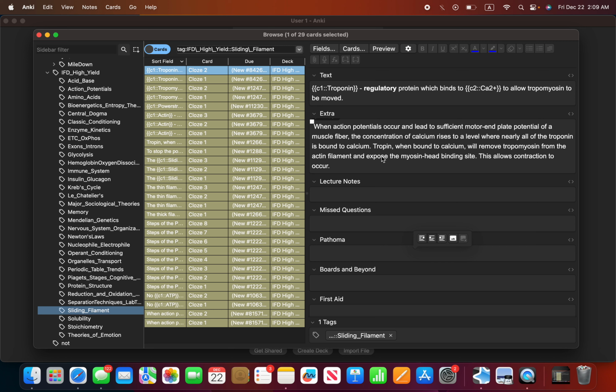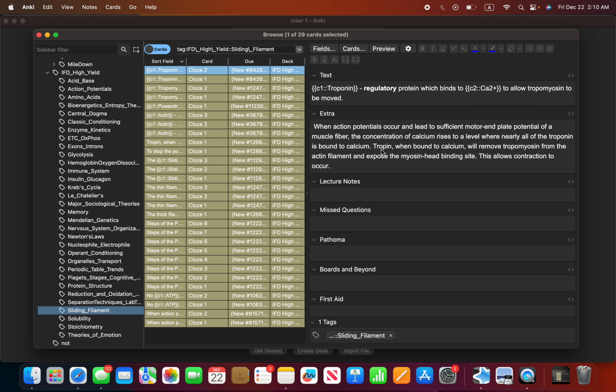Troponin, when bound to calcium, will remove tropomyosin from the actin filament and expose the myosin head binding site. This allows contraction to occur. So once troponin is bound to Ca2+, this allows tropomyosin to be moved.